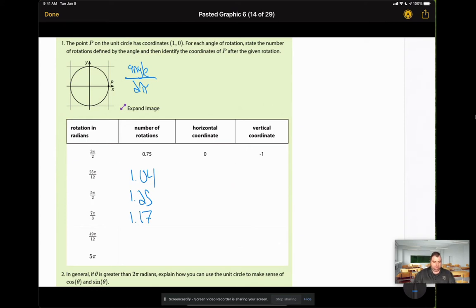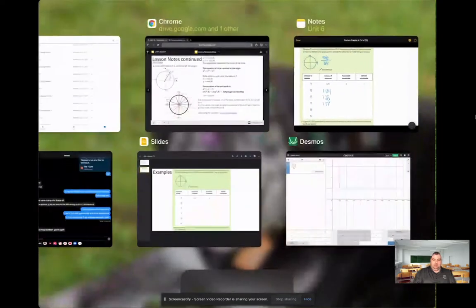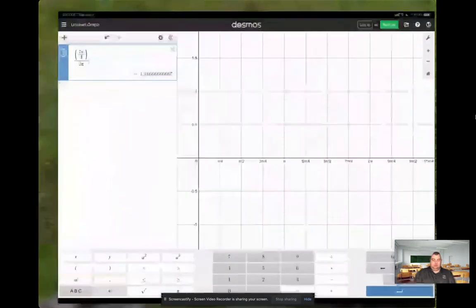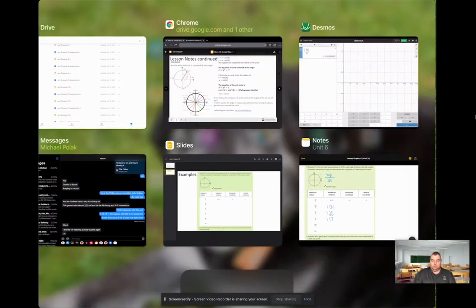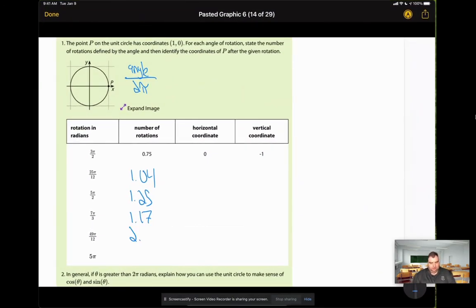Okay. 49 pi over 12 is 2.04 rotations. So that's interesting. So that means you go around the circle 2 full times and then plus a little bit a third time.